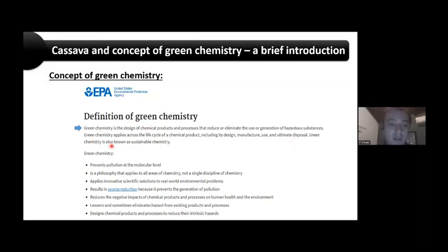Green chemistry is also known as sustainable chemistry. So, in general terms, if you try to reduce the toxicity of a traditional process, or just partially reduce the environmental impact of a process or a product, you are doing green chemistry. You are applying green chemistry.